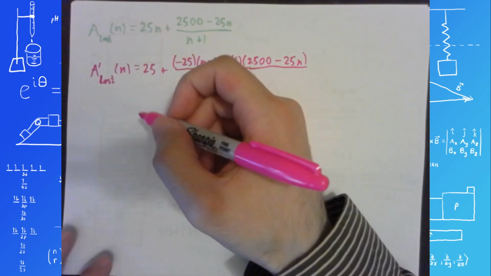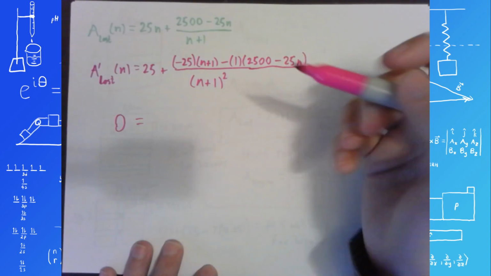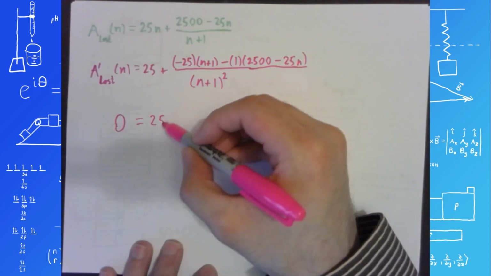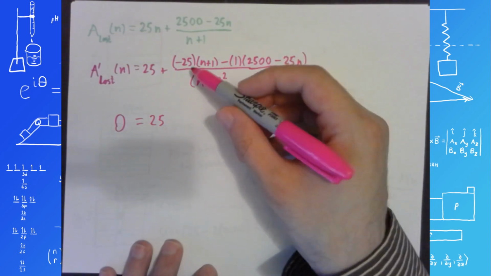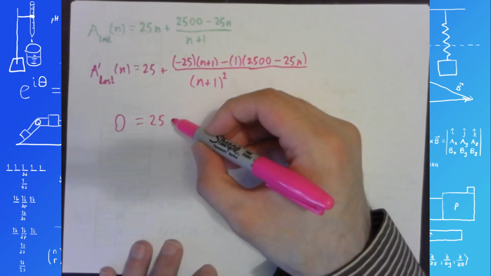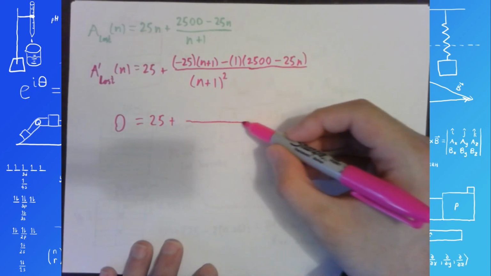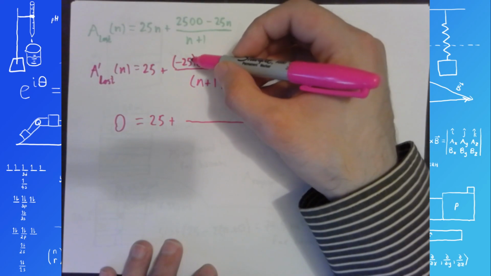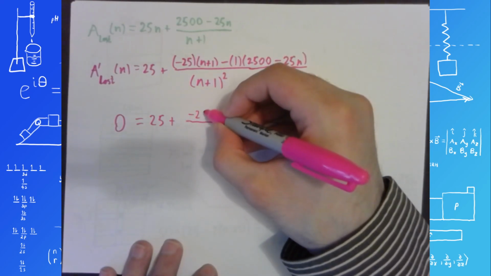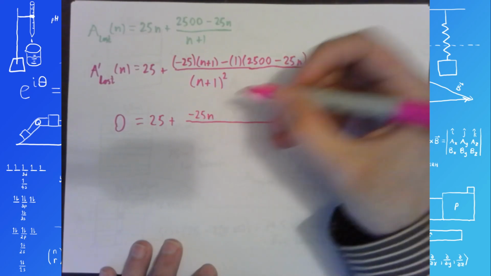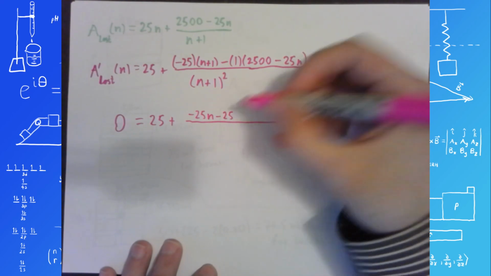All right, let's make some simplifications, and we want to set this equal to 0, so 0 equals 25, and then if I distribute, I'll have a plus here, and then I'll deal with everything else in the fraction, so that's going to be minus 25n minus 25 minus 25n minus 25.